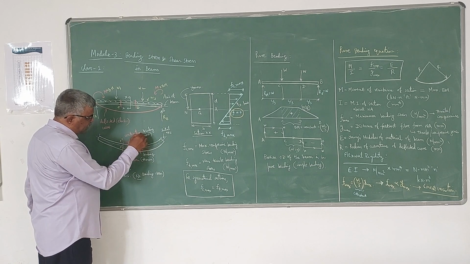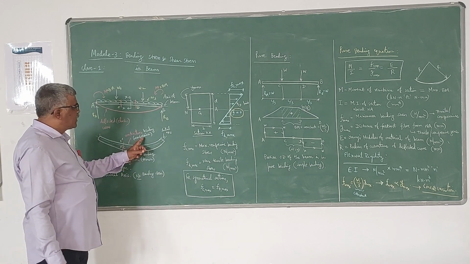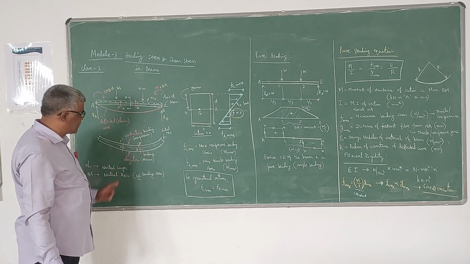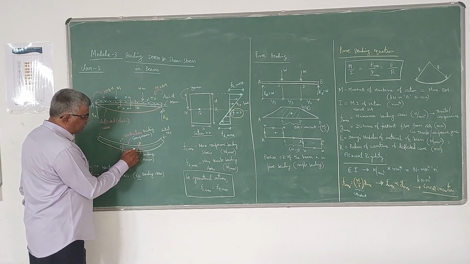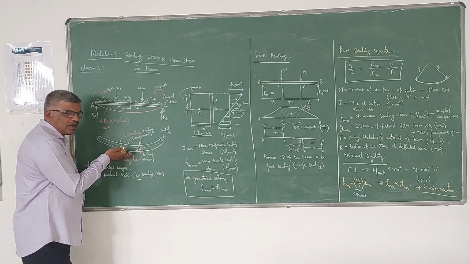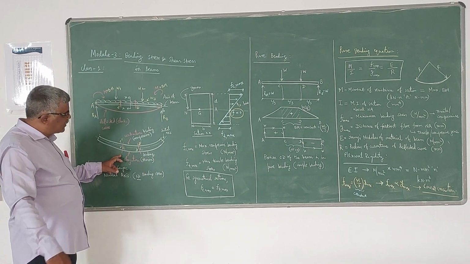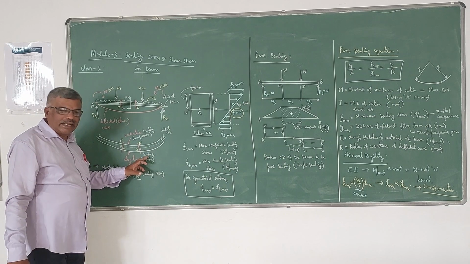Because of contraction, there develops a compressive stress. That compressive stress is called bending compressive stress. Below this CD, there will be expansion or elongation of the layers. Because of that elongation, there develops a bending tensile stress.